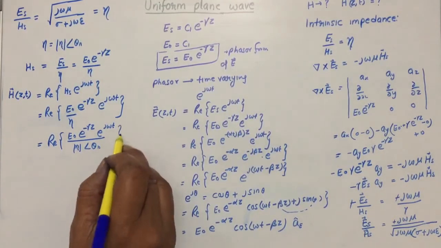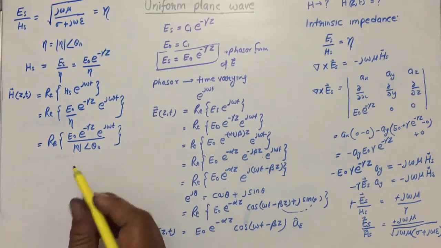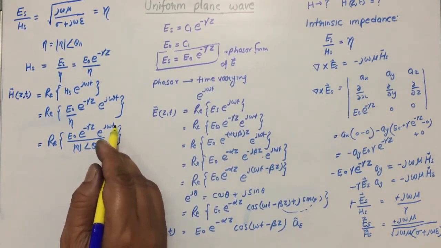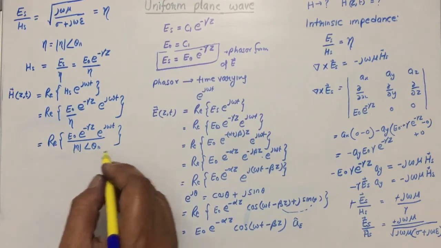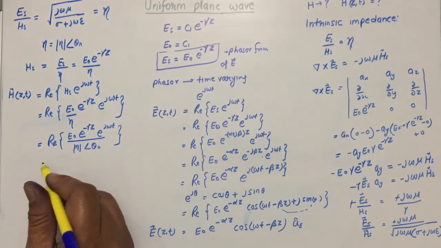If we simplify, as theta n is in the denominator, when it goes up it will come with a minus sign.